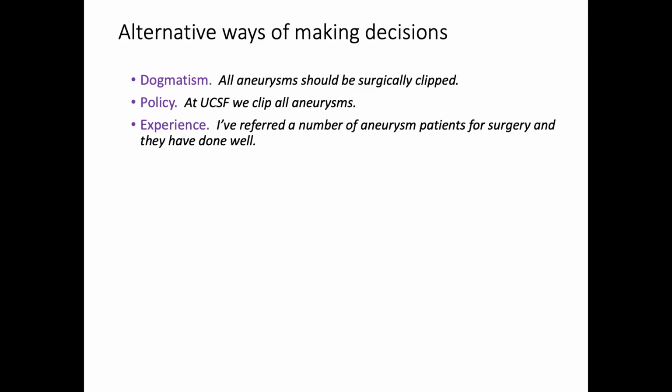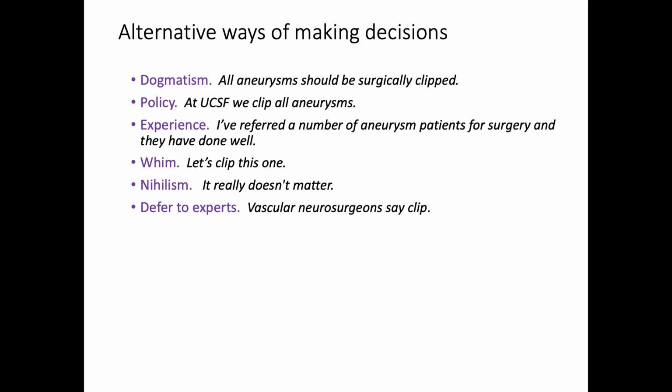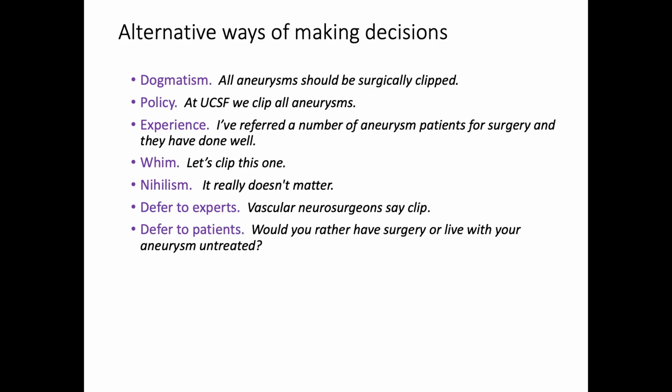Or experience: I've referred a number of aneurysm patients for surgical clipping, and they've all done well. Whim: let's clip this one. Nihilism: well, it really doesn't matter. And defer to experts: the vascular surgeons tell me that we should clip. And also common, we defer to patients. So not really sure, so let's ask the patient, would you rather have surgery or live with your aneurysm untreated?